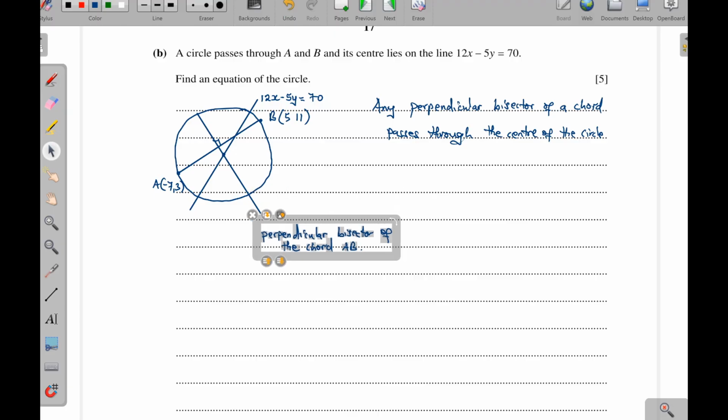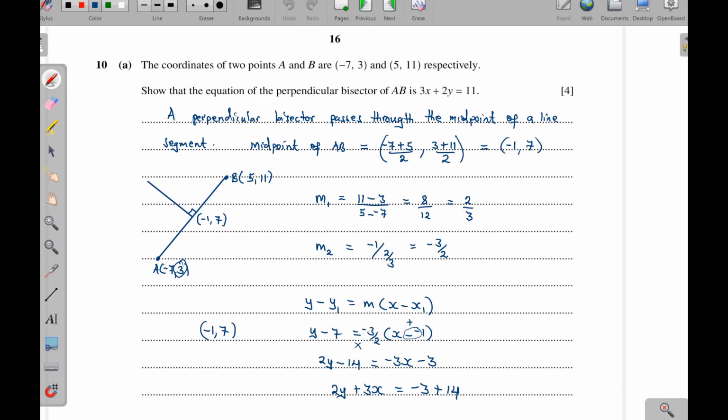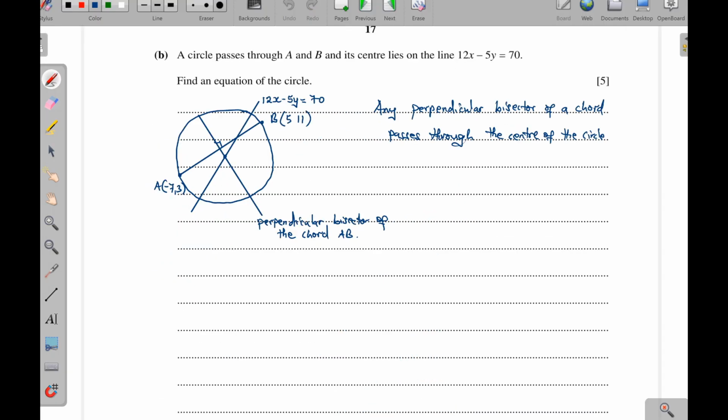The perpendicular bisector of AB, we got it as 3x plus 2y is equal to 11. This means we are going to solve these two equations simultaneously. Then we get the coordinates of the center of the circle. Is that clear?